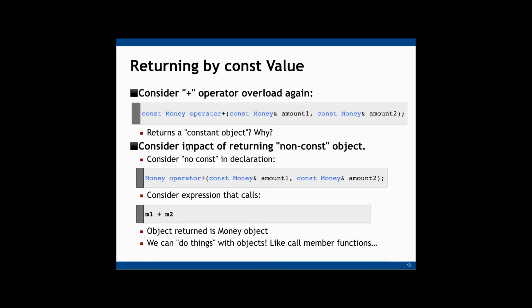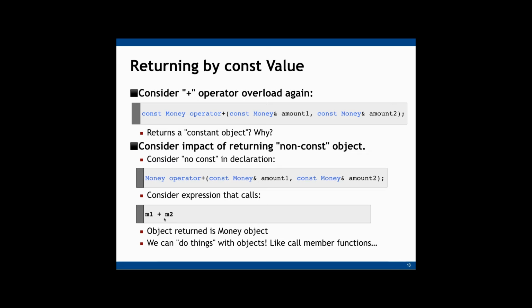Let's first assume that there is no const keyword, like this example. The only difference is that there's no const keyword here. This overloaded operator also returns a money object. And consider these expressions, where M1 and M2 are objects of type money. Because we overloaded the plus operator, we can add these two objects.